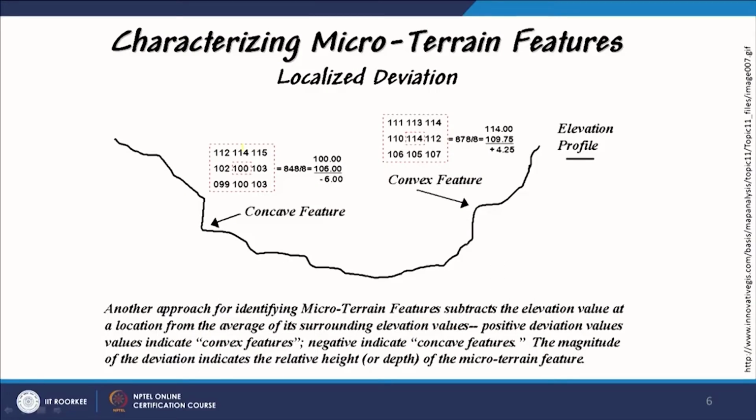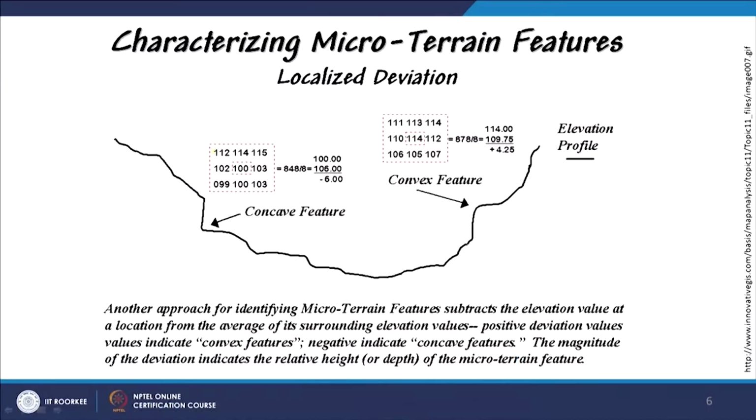Now, if we start thinking from 2D to 3D, we can bring in a 3 by 3 kernel, as has been done here for this area. You get this concave feature with the value -6 here, whereas, contrary to this, for the convex feature the value comes to 4.25 plus.